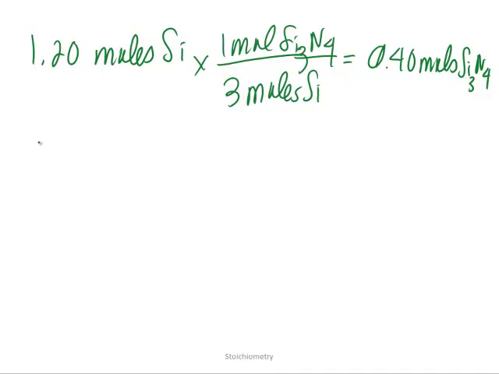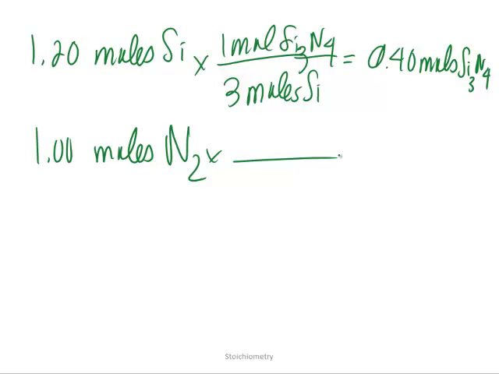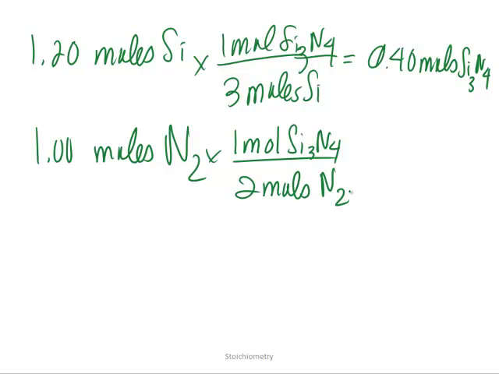Well, how many moles of product can we make with the 1.00 mole of nitrogen we had? We just go back to the coefficients and figure out the stoichiometry there. In this case, 1 mole of product is produced for every 2 moles of nitrogen. And so that will give us a value of 0.50 moles of product.